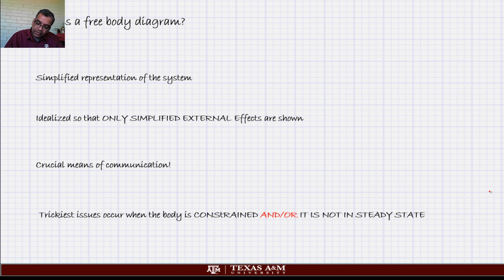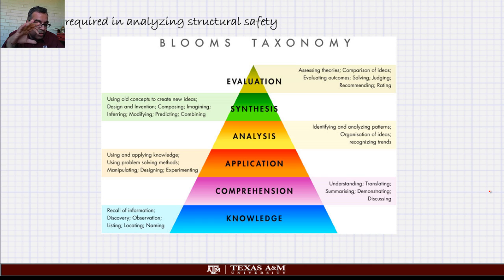Before we go into the details, I want to quickly show you Bloom's taxonomy. You remember we talked about this in your first class. Today we are revisiting Bloom's taxonomy to show you that drawing free body diagrams does not require any calculation but requires a lot of judgment. So the first step in your analysis is very high in Bloom's taxonomy, even though it appears to be very simple.